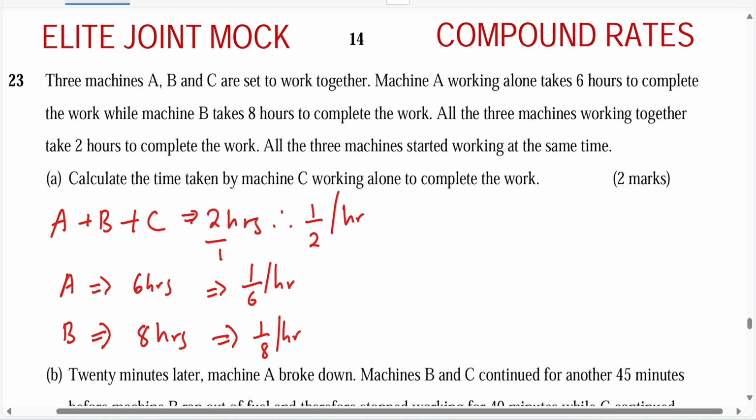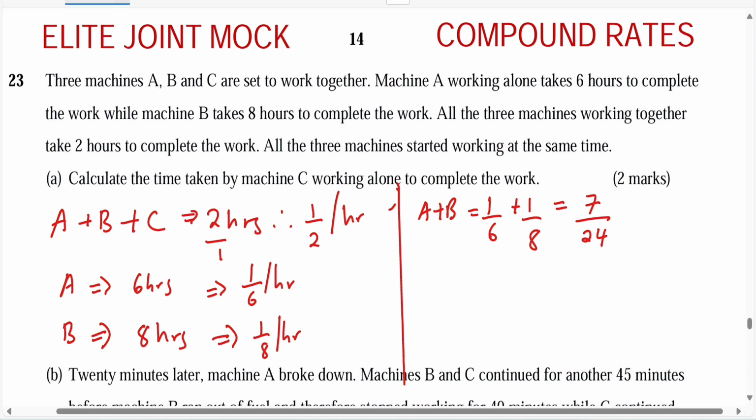So now, if you want to get the rates for A and B, what do you do? For A and B working together, you just add those together. So A and B will be 1 over 6 plus 1 over 8, which at the end of the day should give you 7 over 24.